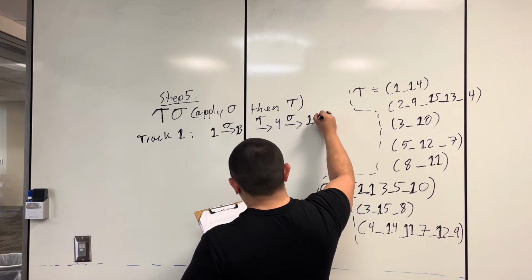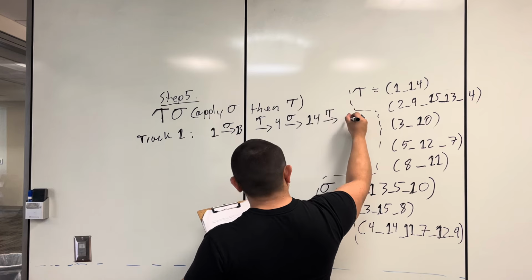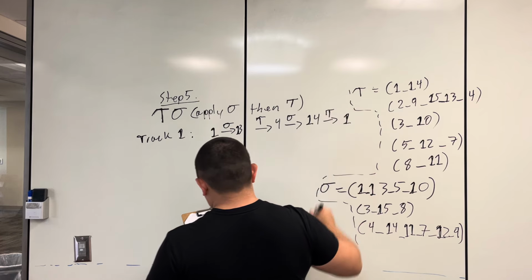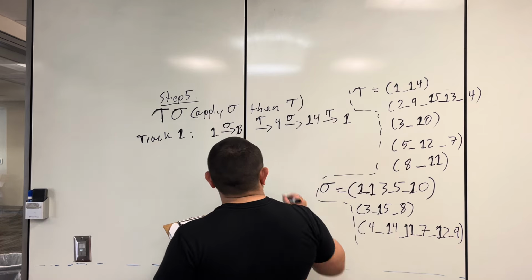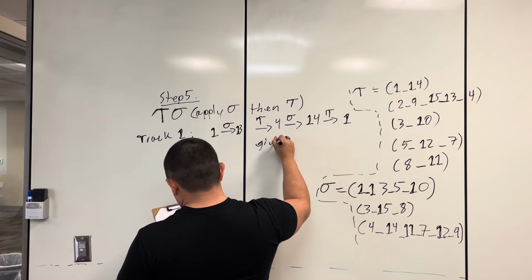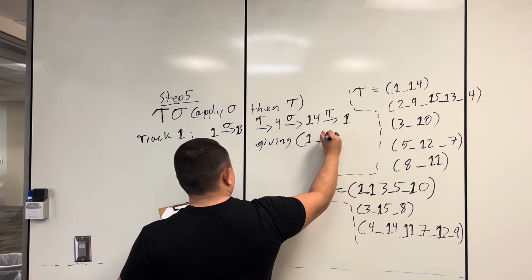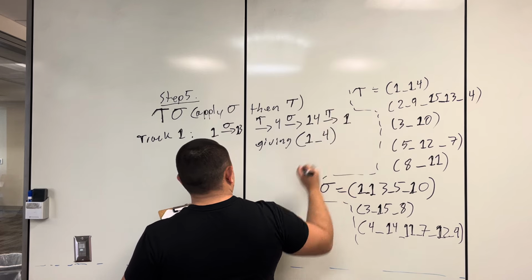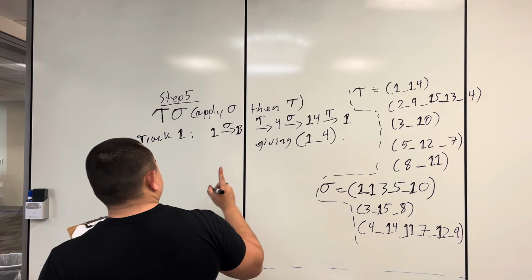Sigma, 14, tau, and this would give us (1 4), right?